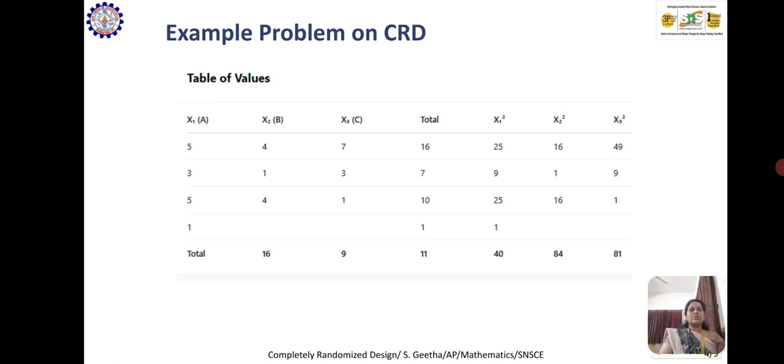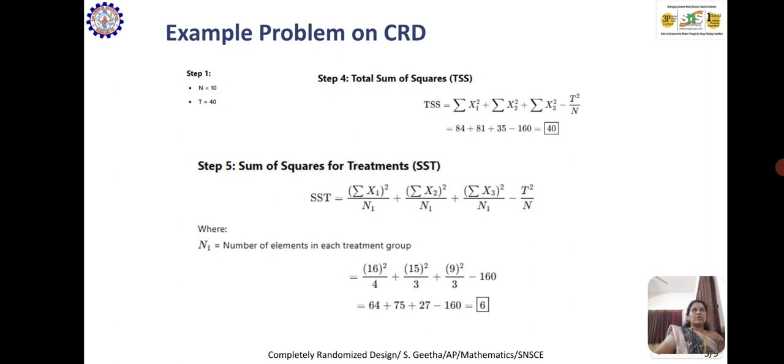So we take x1 as treatment A, x2 as treatment B and x3 as treatment C. After that we calculate the total value and x1 square, x2 square, x3 square. Then we find the sum of x1, sum of x2, sum of x3, the total value, and the sum of x1 square, x2 square and x3 square. After calculating these values, now we are going to analyze.